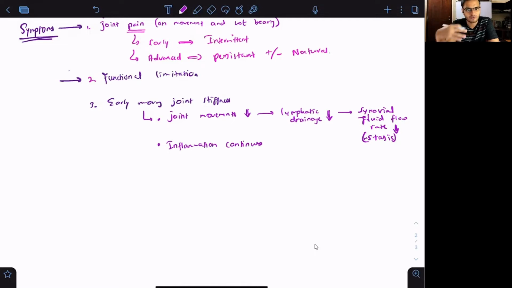There is a lot of transudative fluid coming into the joint space, and inflammatory infiltration into the joint space increases, right? Now, these inflammatory infiltrates also cannot be taken away by lymphatics. Why? There is a relative stasis. So whatever inflammatory infiltrates come, they will stay, right? Some of it will manage to escape, but the major part of it will stay.